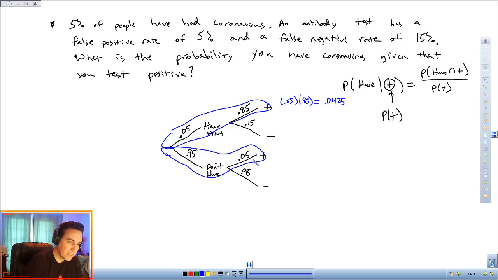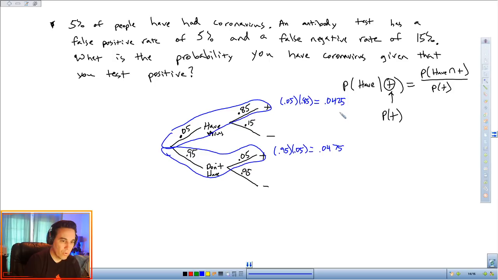That's how many positive tests we're going to get out of there. And in the other group, 0.95 that don't have it, and we're going to have a false positive rate. 95% times 0.05. So 0.0475 is our percentage of people that get a positive test from that group.